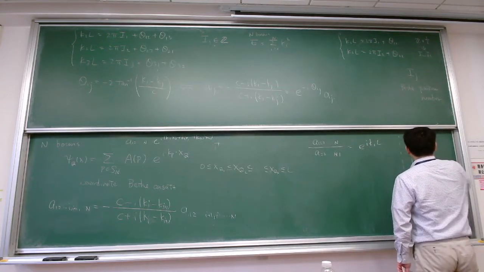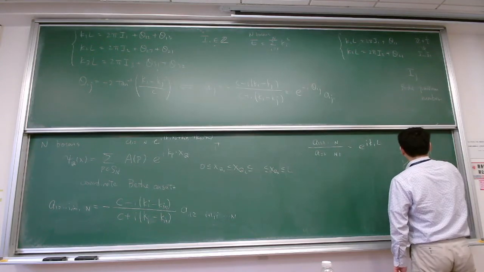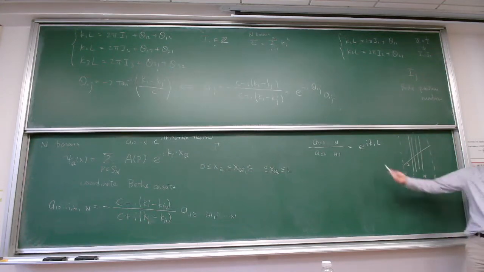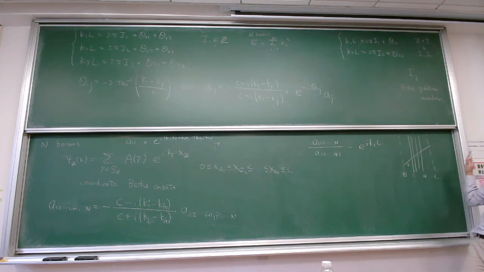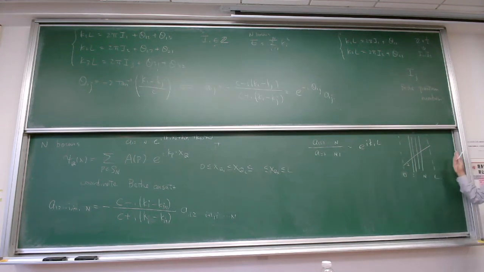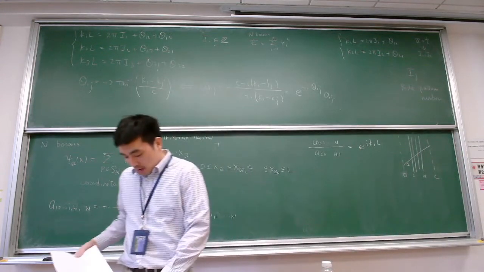You have a bunch of 2 to n, and particle 1 goes from 0 to n with periodic boundary condition. It used to be 1, 2, 3 to n, but now you have a 2, 3, n, 1. That is given by the factor, just the translation from 0 to L by momentum k1. So that's what you get.